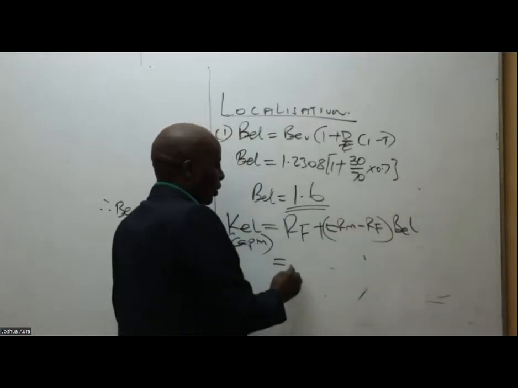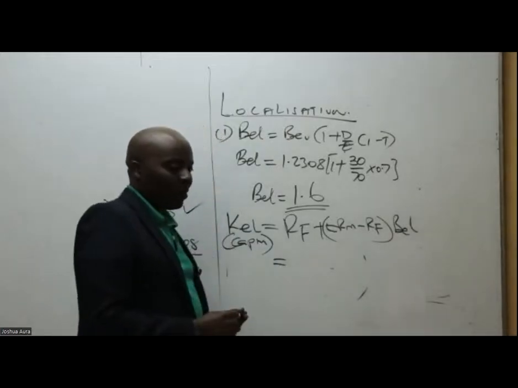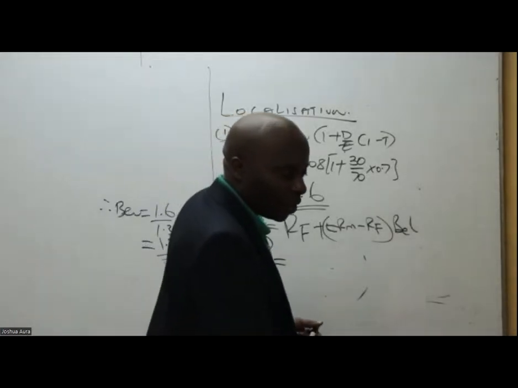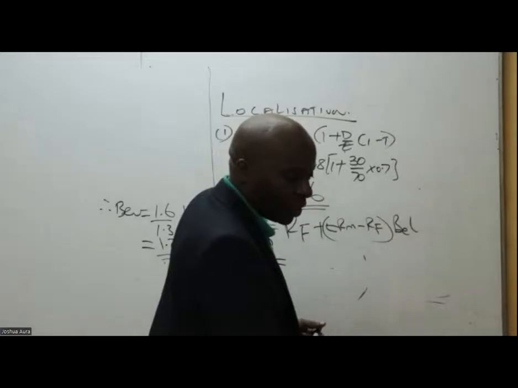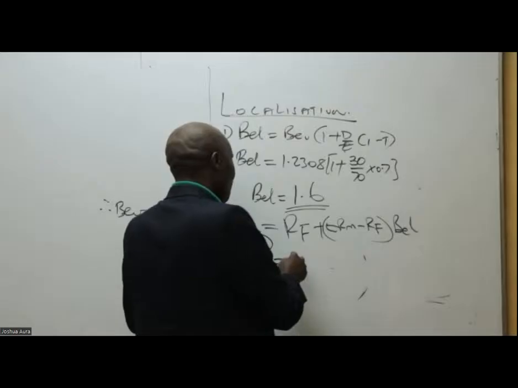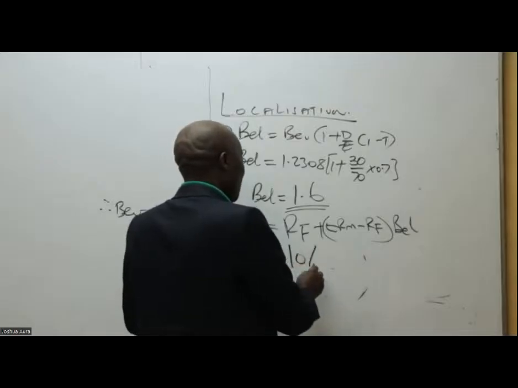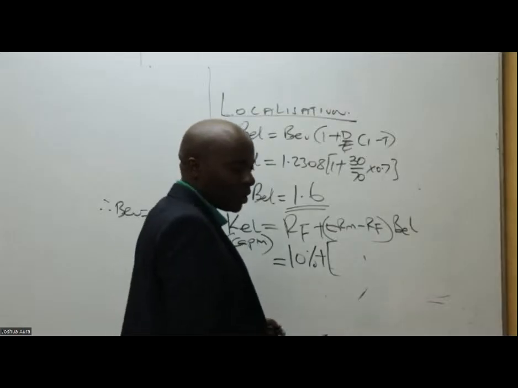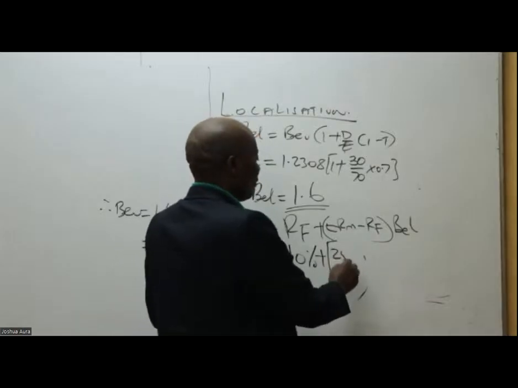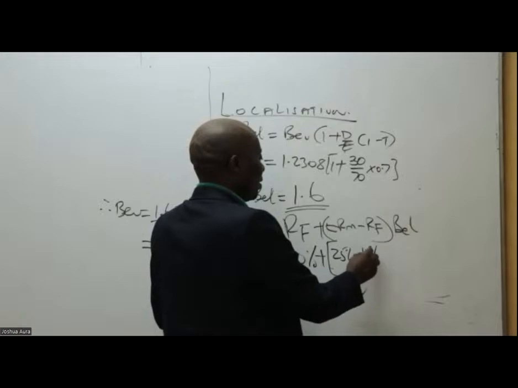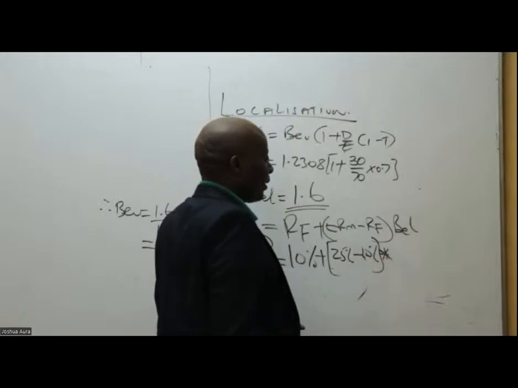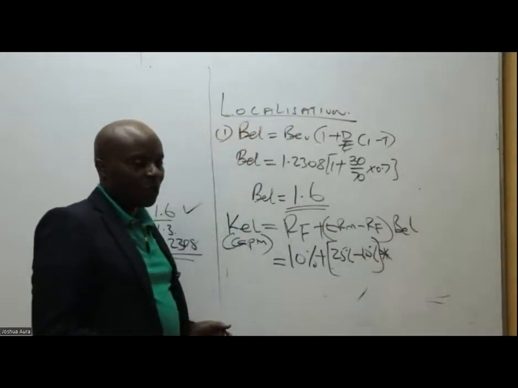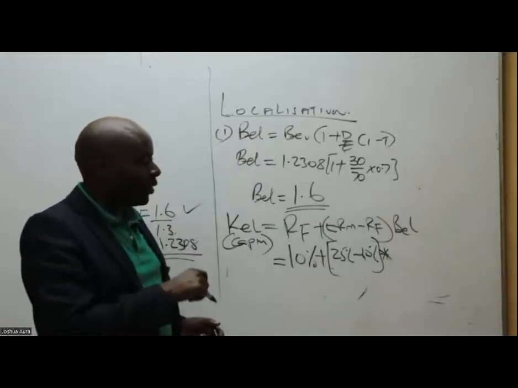Can anyone remember the risk-free rate of return? 10. Thank you so much. So the risk-free rate of return is 10, plus market returns of 25 minus 10%, multiplied by beta equity of the levered organization.